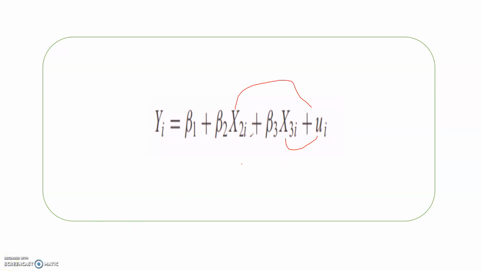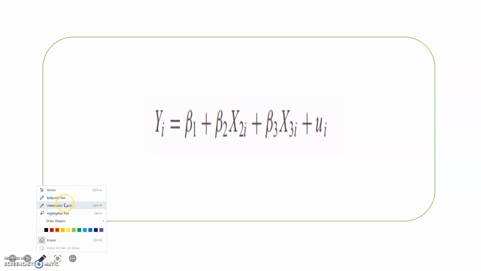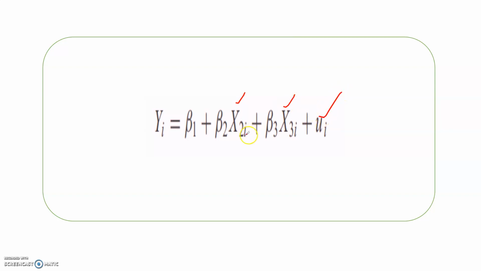This second assumption becomes important because we know that the disturbance term, ui, is stochastic in nature, which means it is random, whereas x2 and x3 are not random in nature. They are going to have a fixed value. x2 will have a fixed value and x3 will have a fixed value as well. So there can be no relationship between the disturbance term and the independent variable, be it x2 or x3.